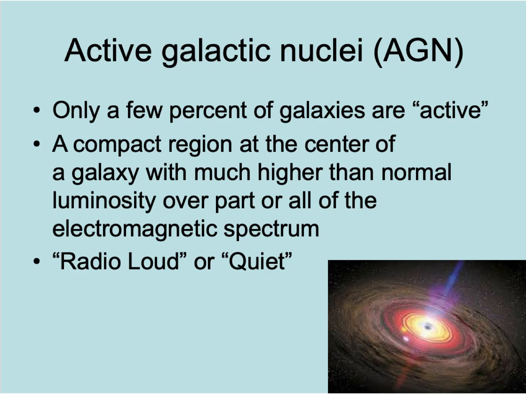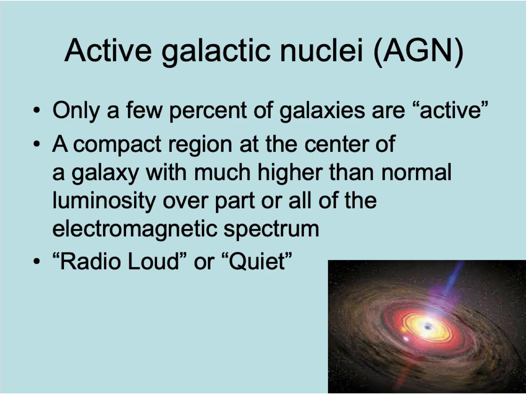Some galaxies have what are called active galactic nuclei, or AGN. This small region within the center of the galaxy is unusually active over some part or even all of the electromagnetic spectrum. Galaxies are often classified as radio quiet or radio loud, depending on how much light in the radio wave part of the spectrum they are emitting.